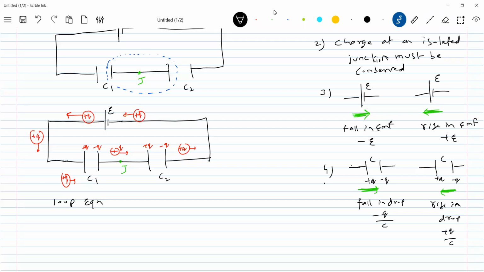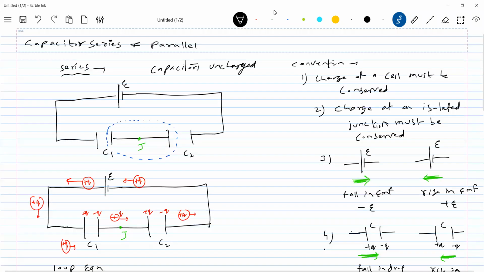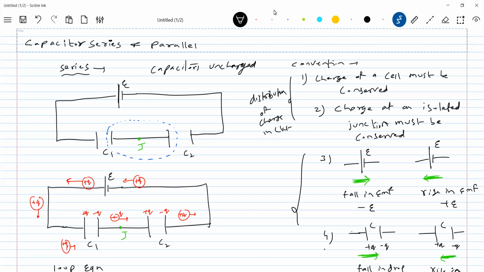When you're writing the loop equation, you have to follow points 3 and 4. When you are distributing charge, you have to follow points 1 and 2. These two help in the distribution of charge, and these two help to write the loop equation.